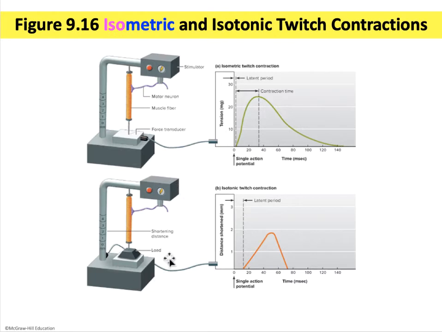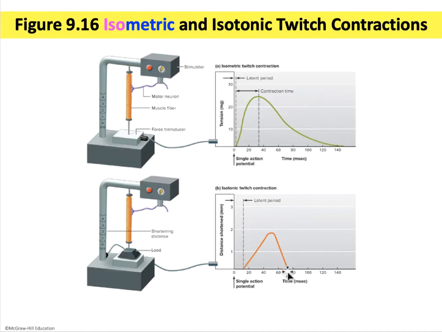The lower experiment reveals that a muscle fiber can lift a load, and if the load is within its range, it will be lifted, but the latent period is increased as the muscle fiber overcomes the load itself. So depending on the load, the muscle fiber may have a longer or shorter latent period.